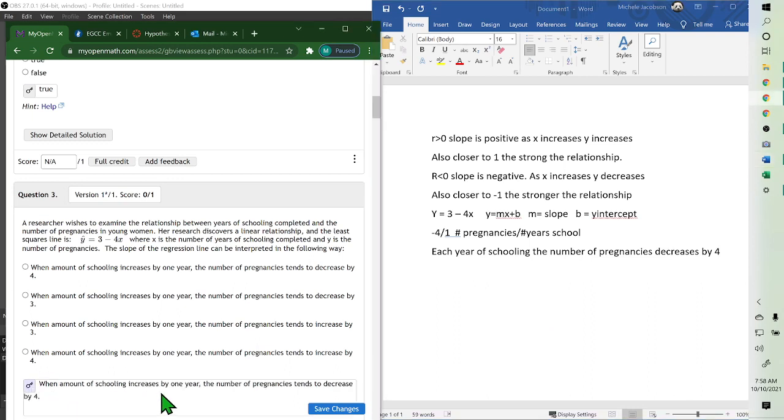When the amount of schooling increases by 1, the number of pregnancies tends to decrease by 4. So you're looking at this going up by 1, and then this goes, because it's a negative, down by 4.